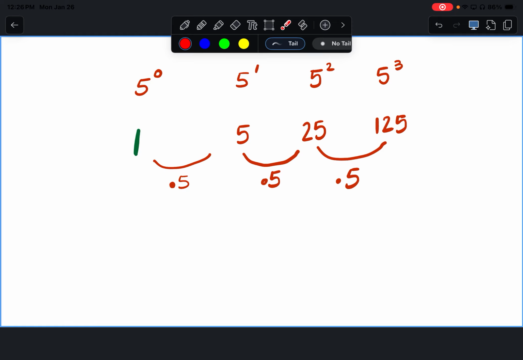No. It works with 1 because it doesn't matter what I change the base to. It could be 1,000. Can I make 1 into 1,000? By multiplying it by 1,000. Okay? So that is why the zero exponent rule works, because it takes the one number that you can turn into any number by multiplying it by itself, and that's 1.